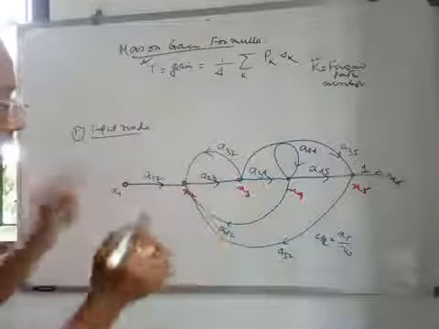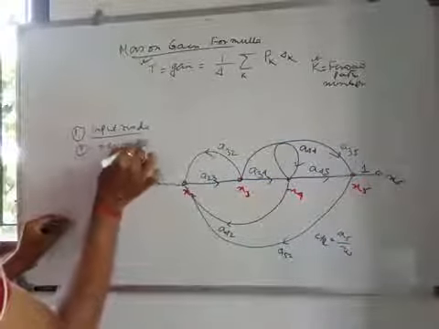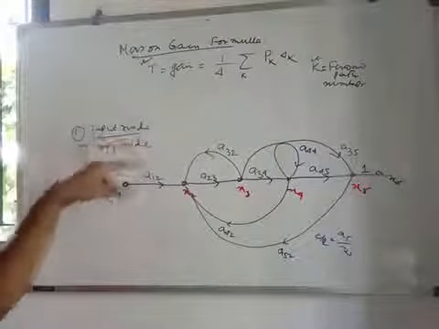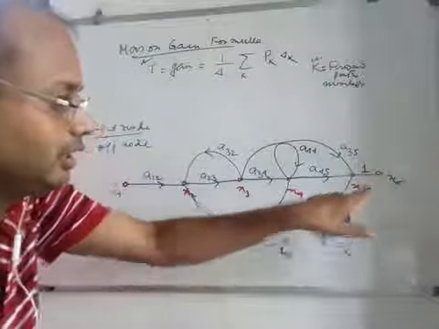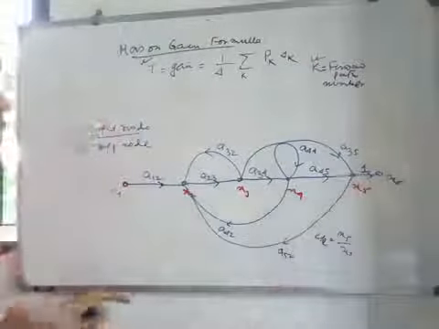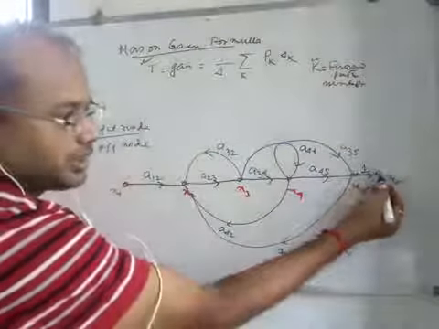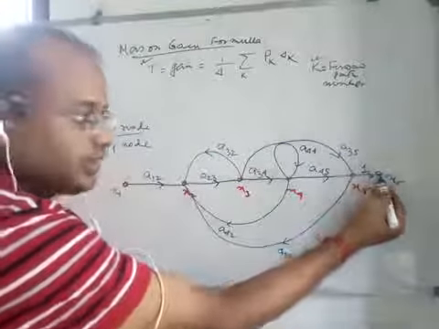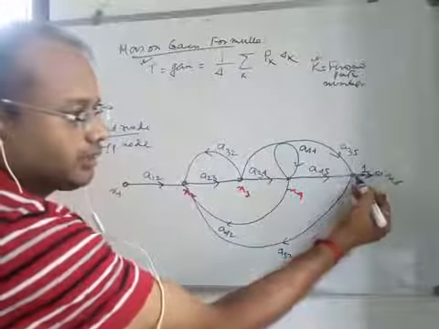Similarly, the second important term is the output node, right? Output node means the node which has only incoming branches. That is why we have considered here another node x5 with a gain of 1, such that it has only the incoming branch.